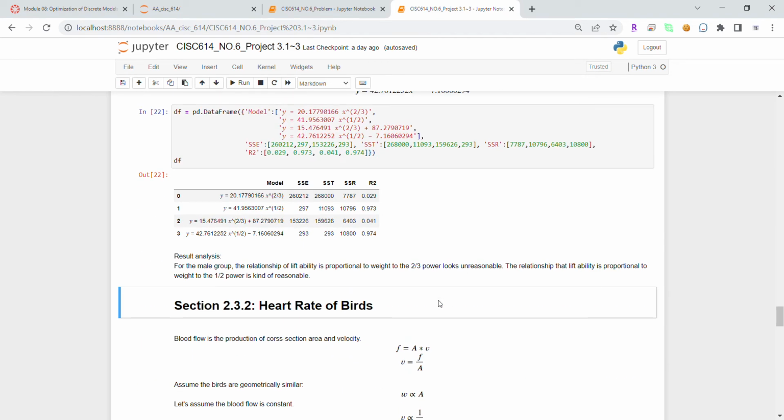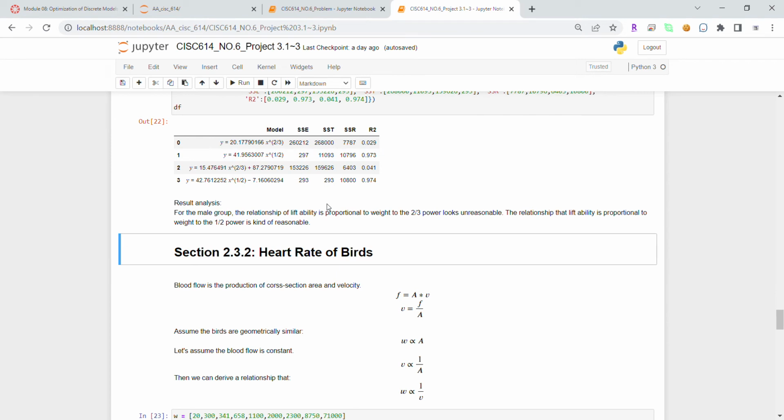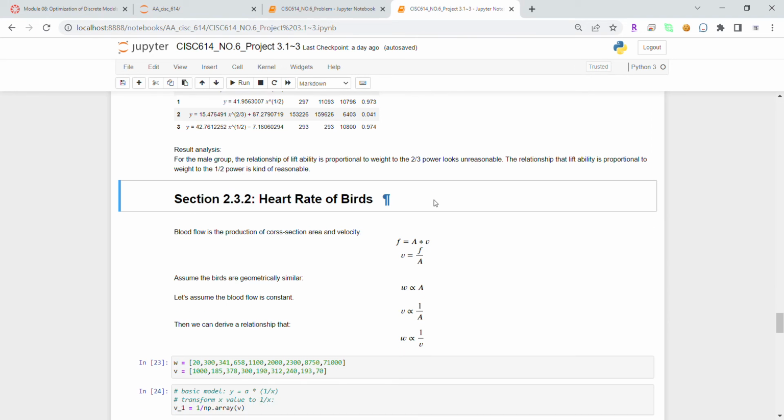And that goes to the next project, which is the heart rate of birds. So what we know is that the blood flow is the production of cross area and velocity. So we have the velocity is equal to the blood flow rate divided by the cross section area. So we assume the birds are geometrically similar.